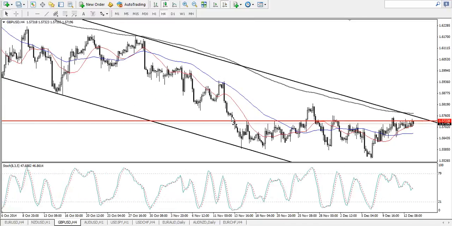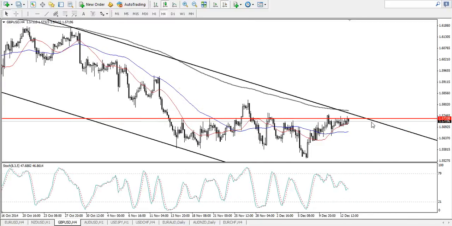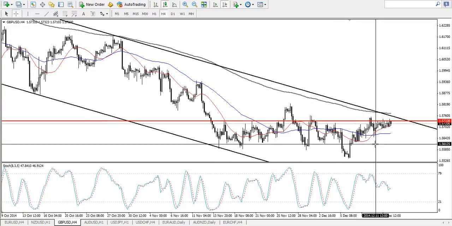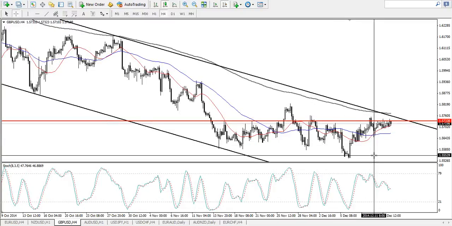So that's for the pound against the US dollar. Of course, the first level is over here, at the bottom, 1.5608, followed by the previous low, 1.5553.